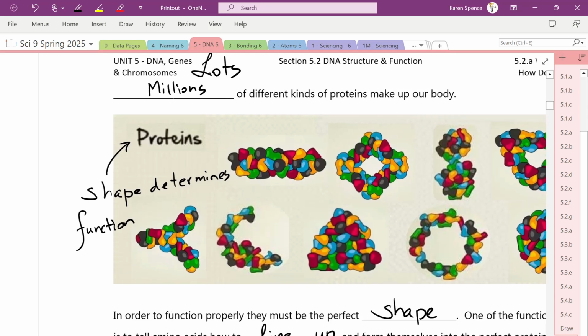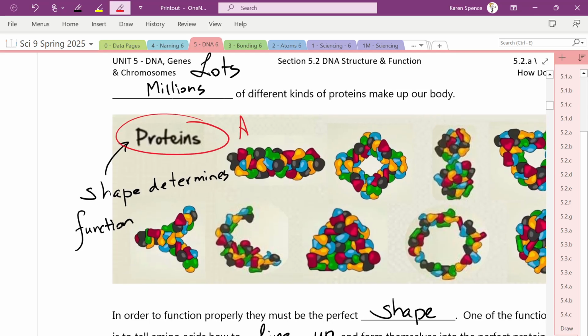You should know proteins. And because it's not just all vocab, it's also concepts, you should know that the shape determines the function. Do we all know what function means? How it works.